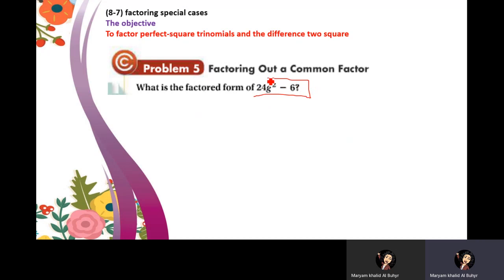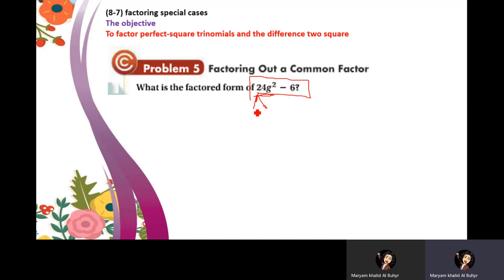The last problem that I have in this lesson is exactly the same idea, but the only new thing here is factoring out a common number. I cannot have a perfect square root here, right? But I can see there is a common factor between them. So let me find this common factor. I can see immediately 6 between them.